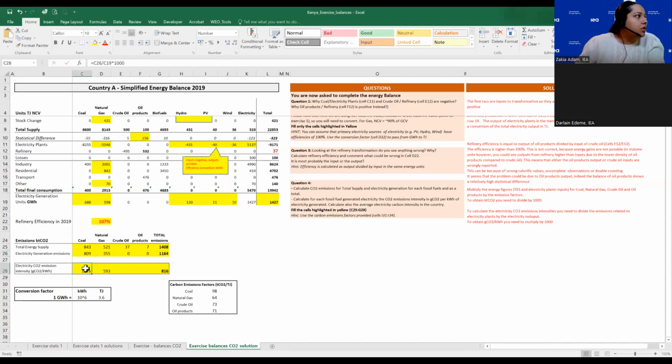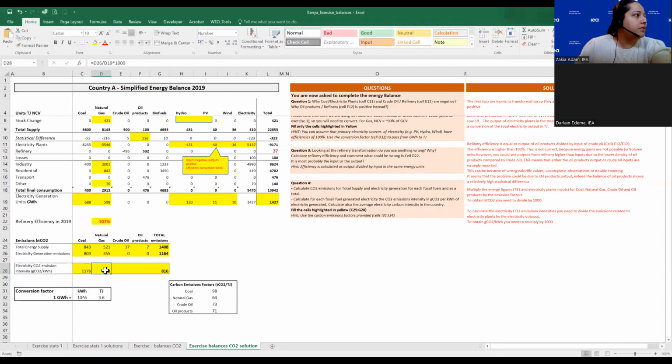So for coal, you take your electricity generation emissions for coal, divide by your coal electricity generation. But here we want gram of CO2 per kilowatt hour, and you had gigawatt hours. So you have to multiply by 1000 to get gram of CO2 per kilowatt hour.